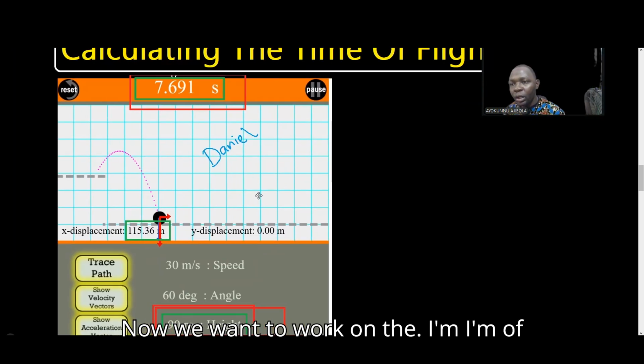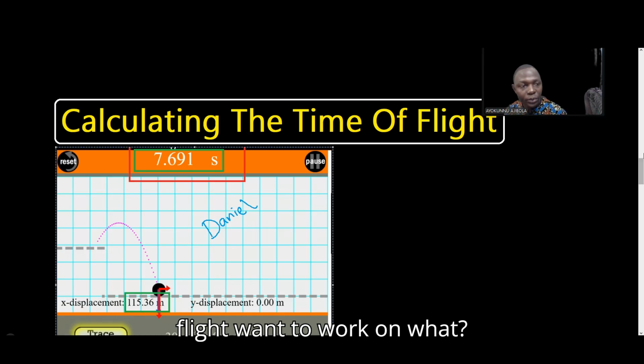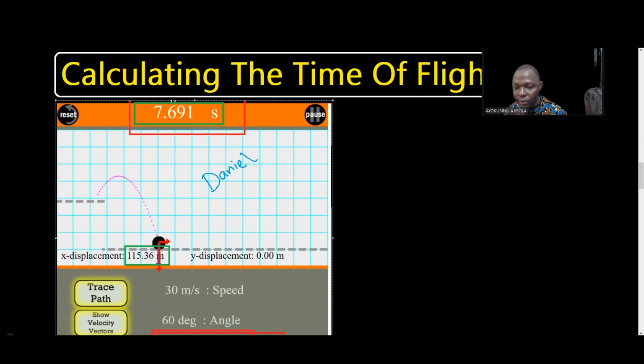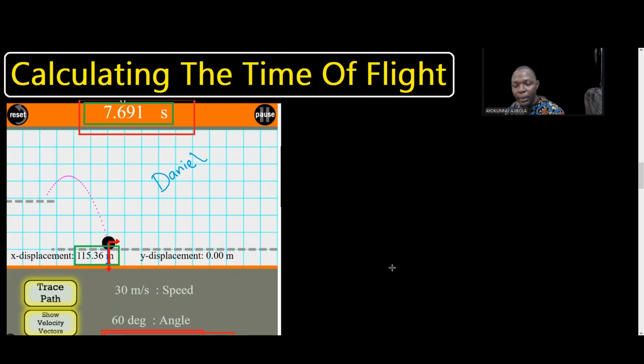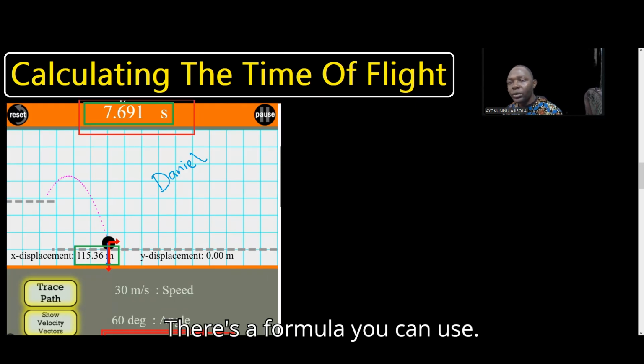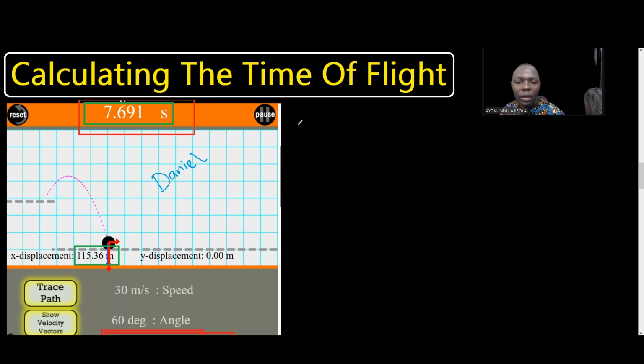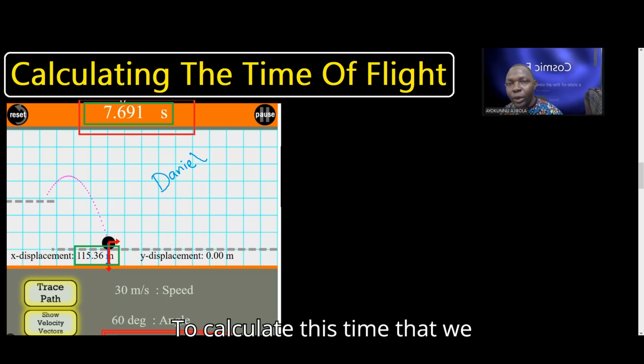Now we want to work on the time of flight. There's a formula you can use to calculate this time that you already know.